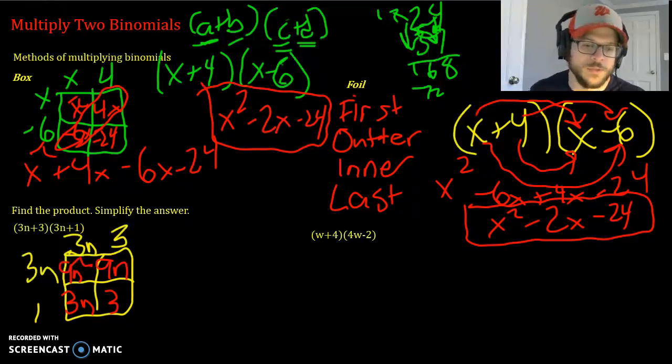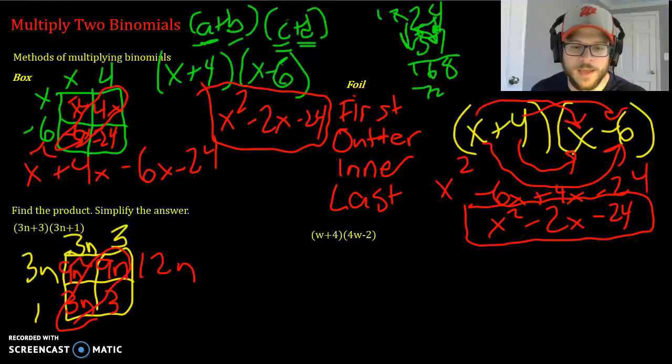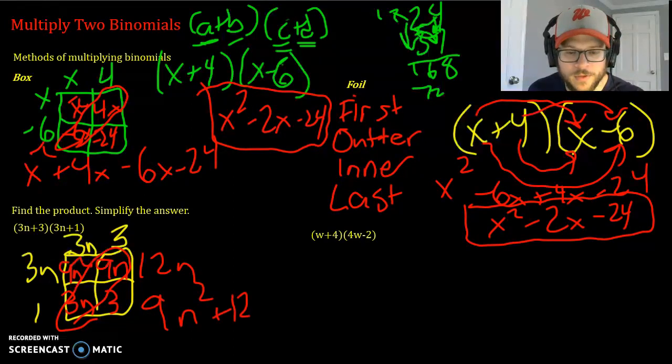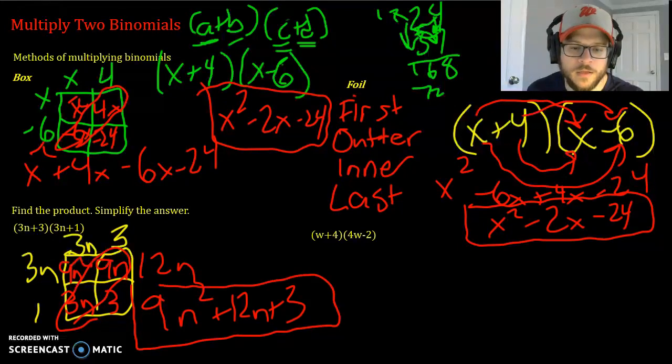Now when you add these two like terms together, your 9n and your 3n, you get 12n. So we're going to be adding in our final answer 9n squared plus 12n plus 3, and you've multiplied the two binomials together.